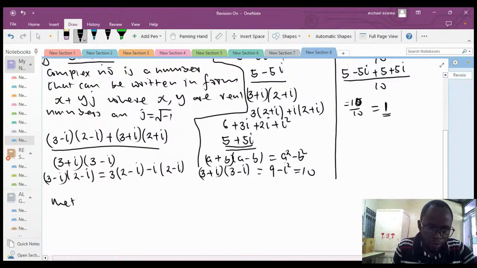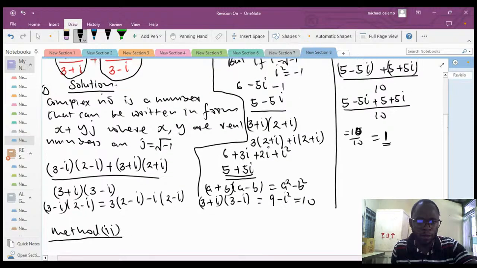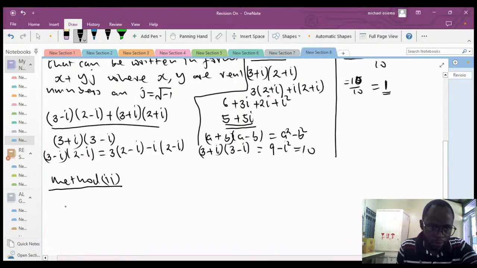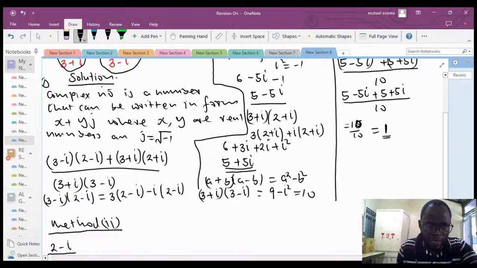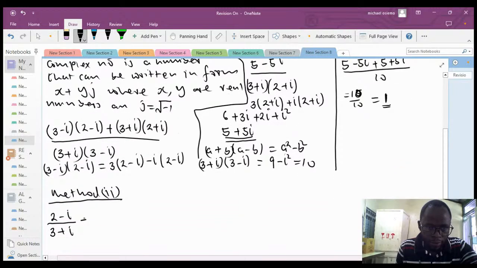Method number 2. We have (2 minus i) over (3 plus i), plus (2 plus i) over (3 minus i).